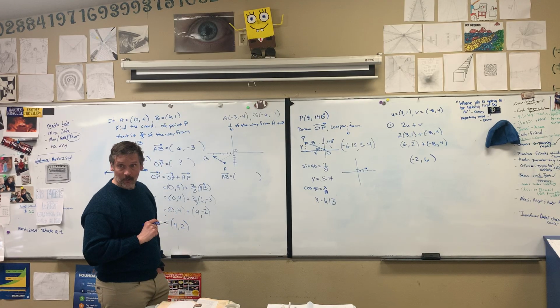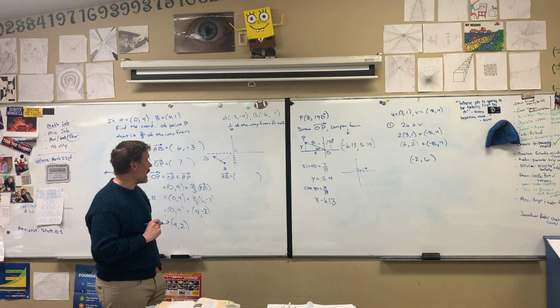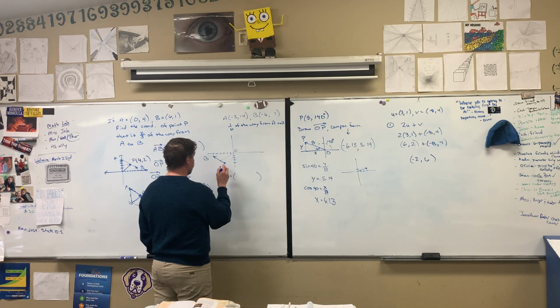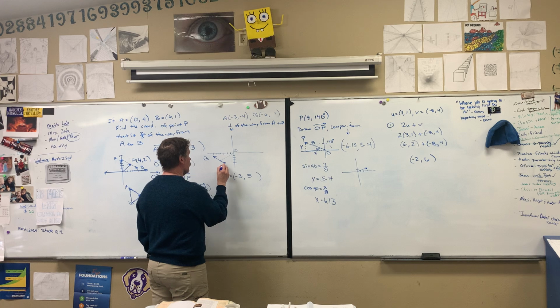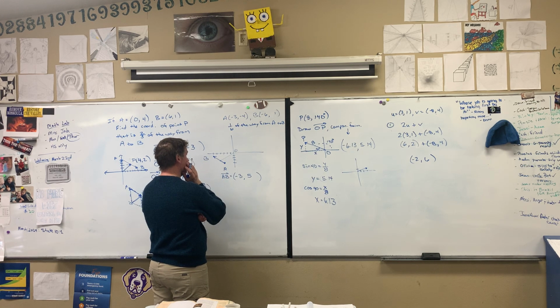What do we get for a component form of AB? Negative 3, negative 5. Negative 3... oh wait, 3, negative 5. Oh no, negative 3, 5. That would make sense.